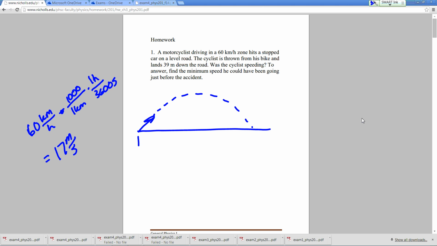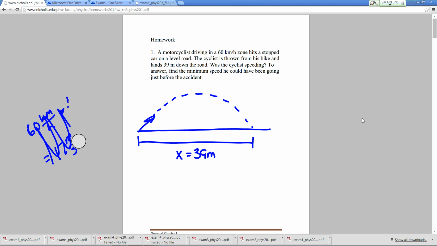And it says that he goes 39 meters down the road. So that is my x displacement. And I just want to know... Oh, no, he wasn't. That's not his speed here. I'm sorry. That's just the speed limit. So I'm not given v naught at all.